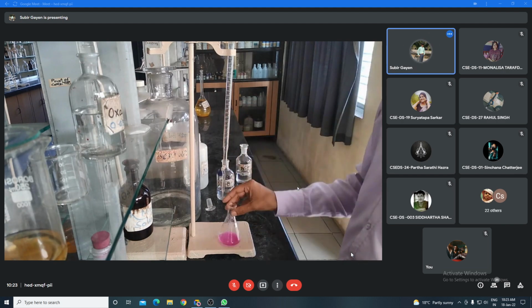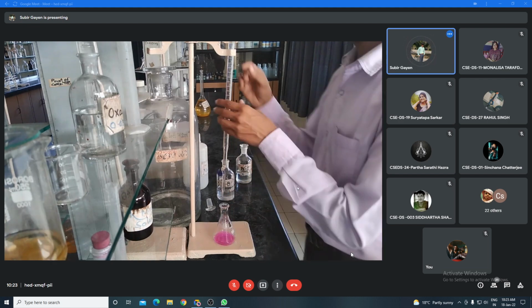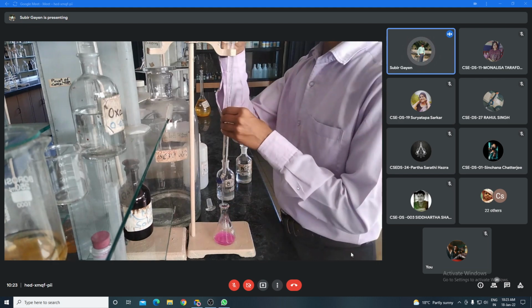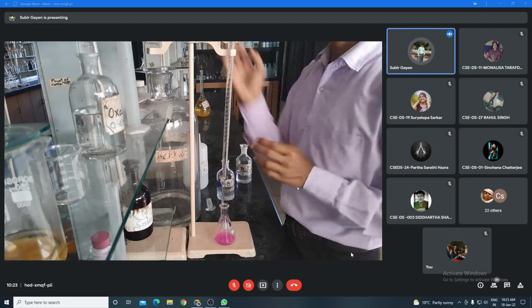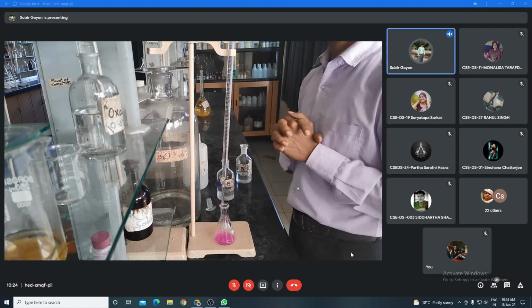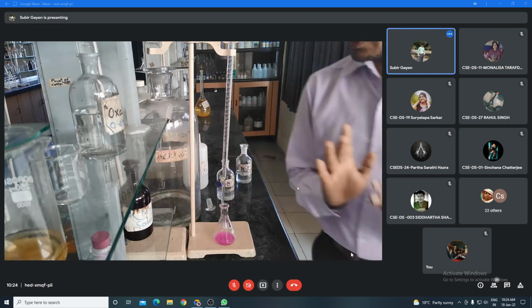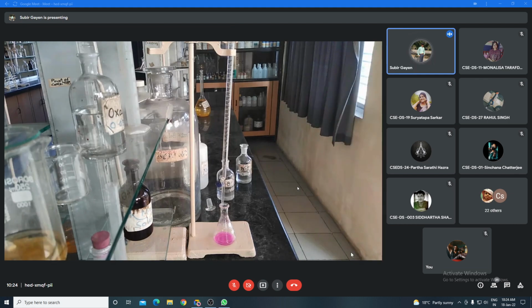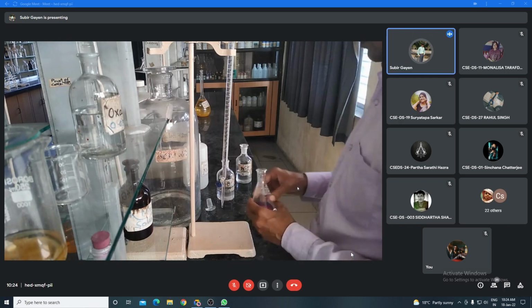That means this reaction is complete. That means all the H plus ions are utilized by the sodium hydroxide solution, and now the reading is 30. The first one was 7 and now it is 30. So the first bottle is complete.